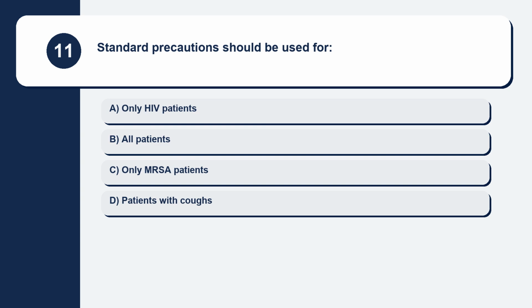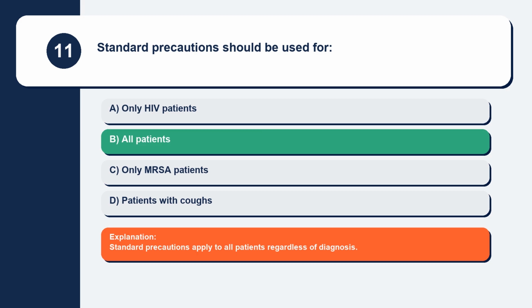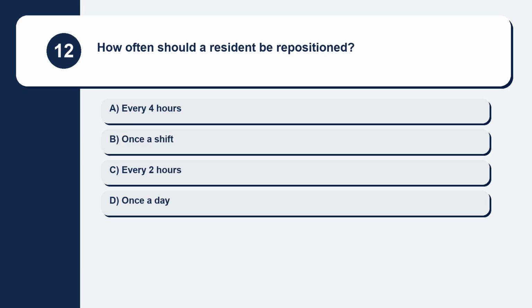Question 11. Standard precautions should be used for only HIV patients, all patients, only MRSA patients, patients with coughs. Standard precautions apply to all patients regardless of diagnosis. Question 12. How often should a resident be repositioned?